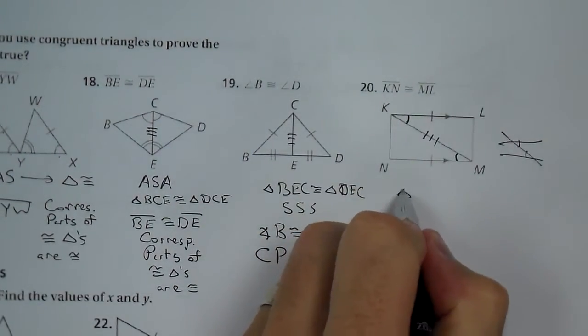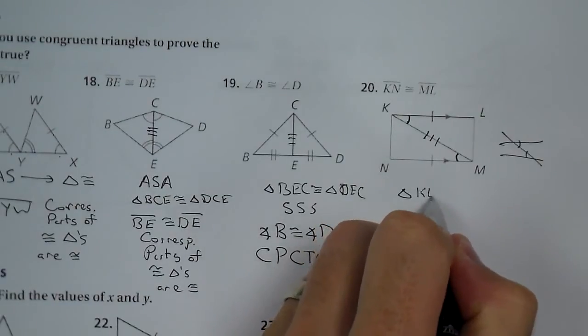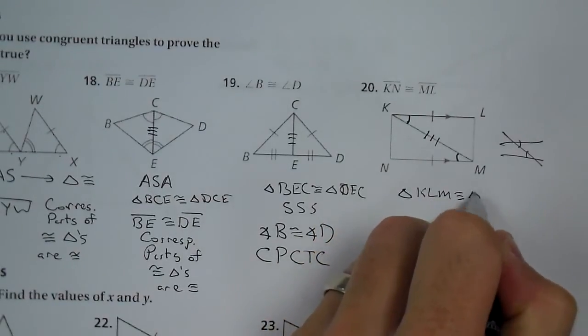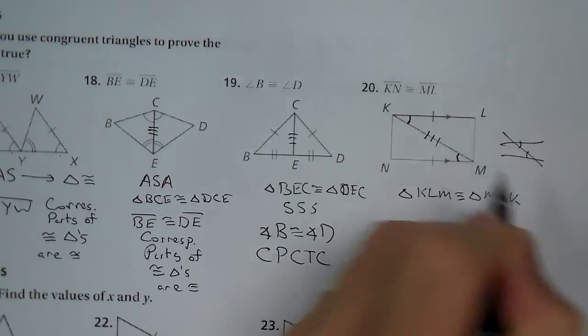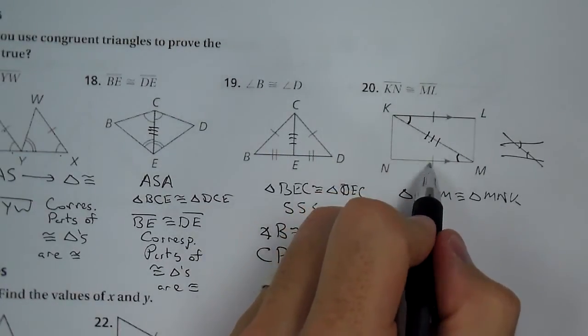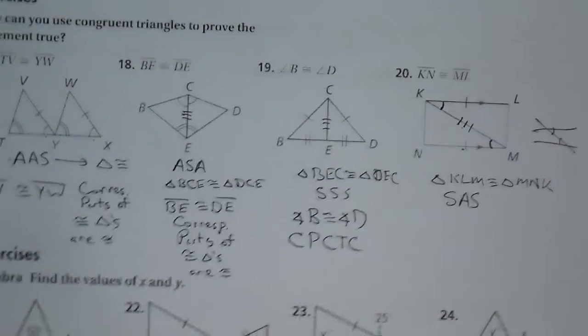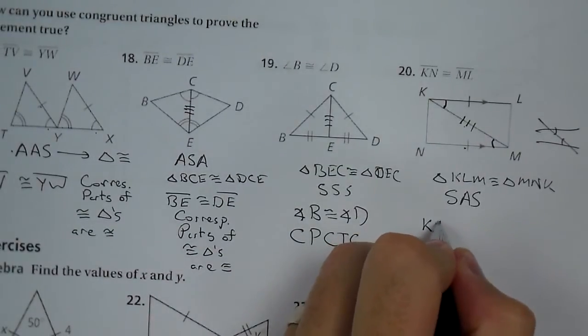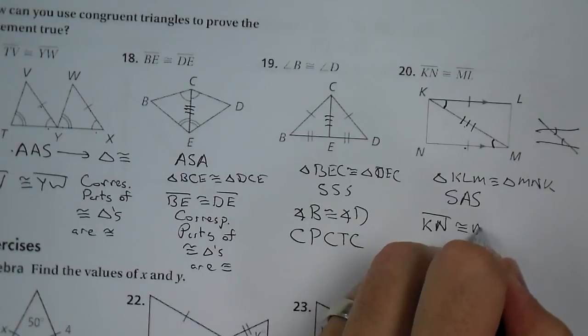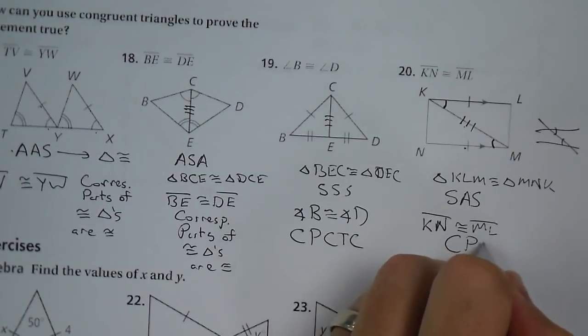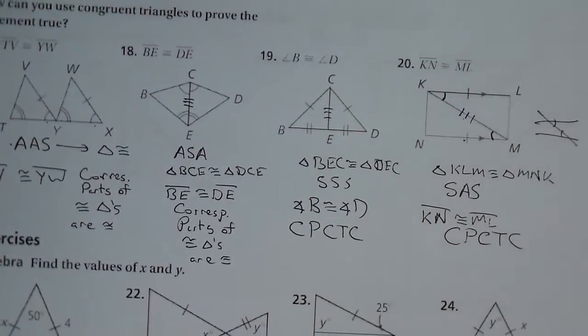So we have triangle KLM is congruent to triangle MNK. And this time I have two sets of sides, angle between, so it's side, angle, side, and then KN is congruent to ML by corresponding parts of congruent triangles being congruent.